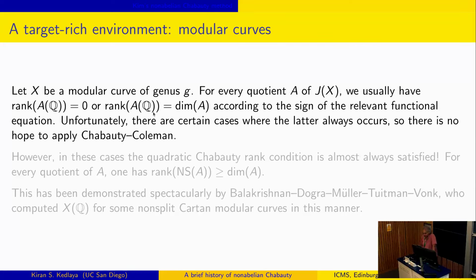Actually, there's even less noise in this case than in the other, and this happens much more consistently than the rank 0 version happens when the sign dictates that. But when the rank is the dimension, then the ordinary Chabauty method is useless, because this is just past the Chabauty rank condition.